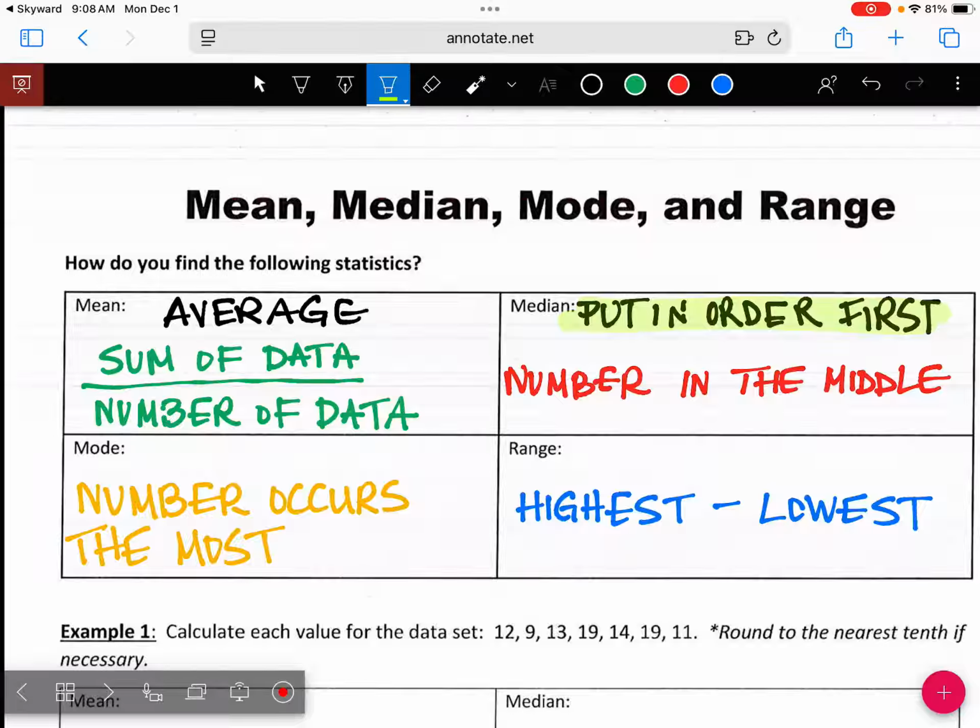Mode is the number that occurs the most. Now, it is possible to have no mode, or you can also have more than one mode.